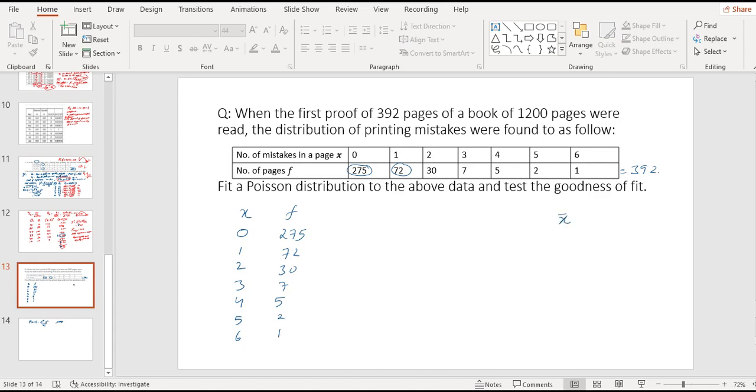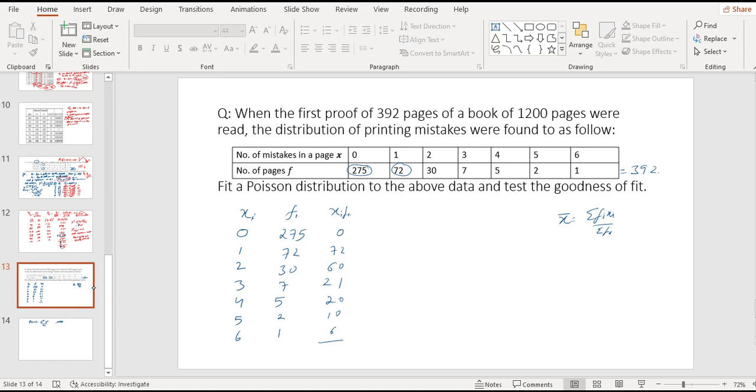We are going to consider the sample mean, which is summation fi xi upon summation fi, because we are given a frequency distribution. So we need to take the product xi into fi. This is xi, this is fi. So this is 0, 72, 60, 21, 20, 10 and 6.